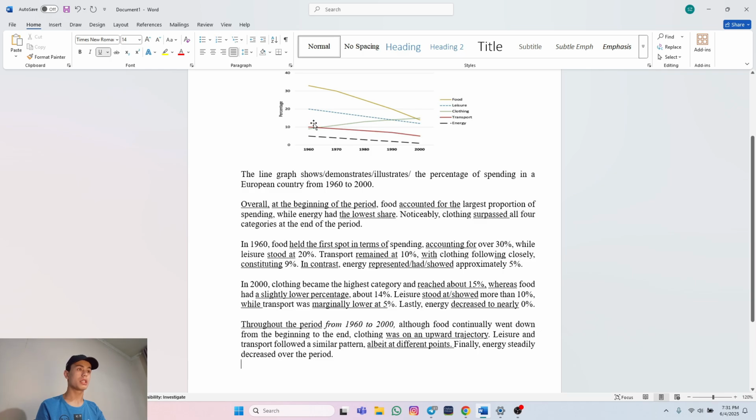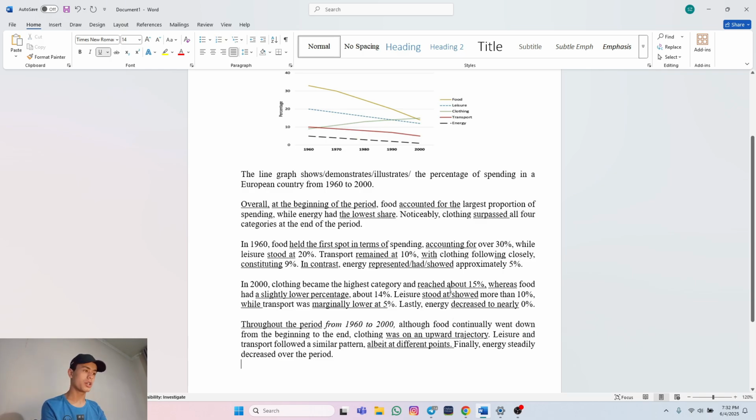For example, this stood at 20% and this stood at 10%, and in this year, this stood at less than 10% and this stood at less than 20%. Here you can see a little gap between these two lines, so it means they are at different points.